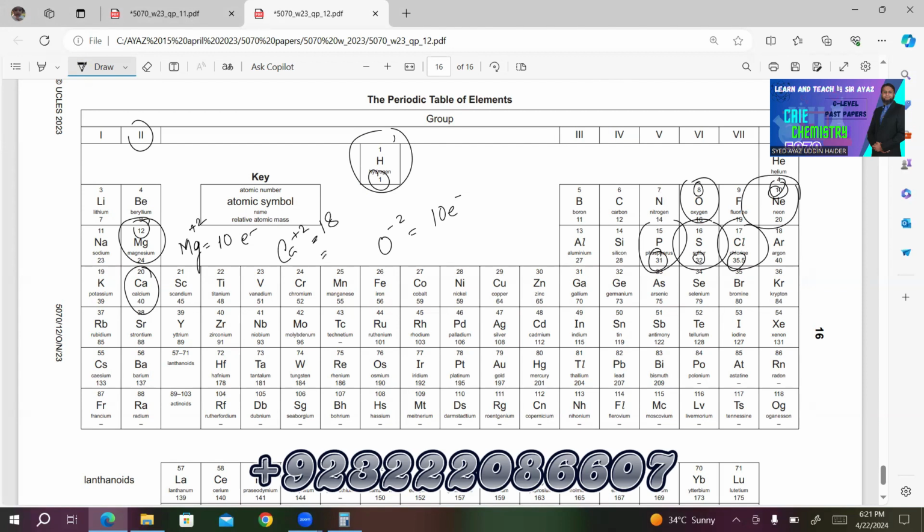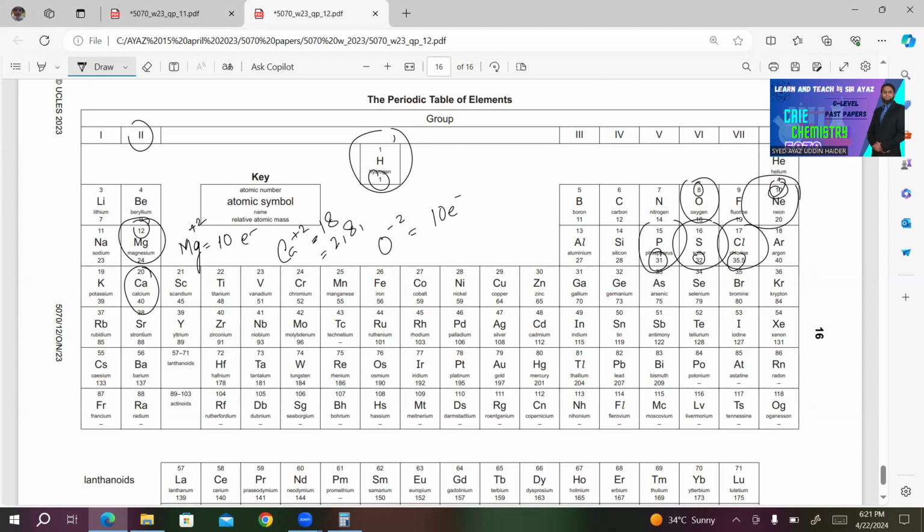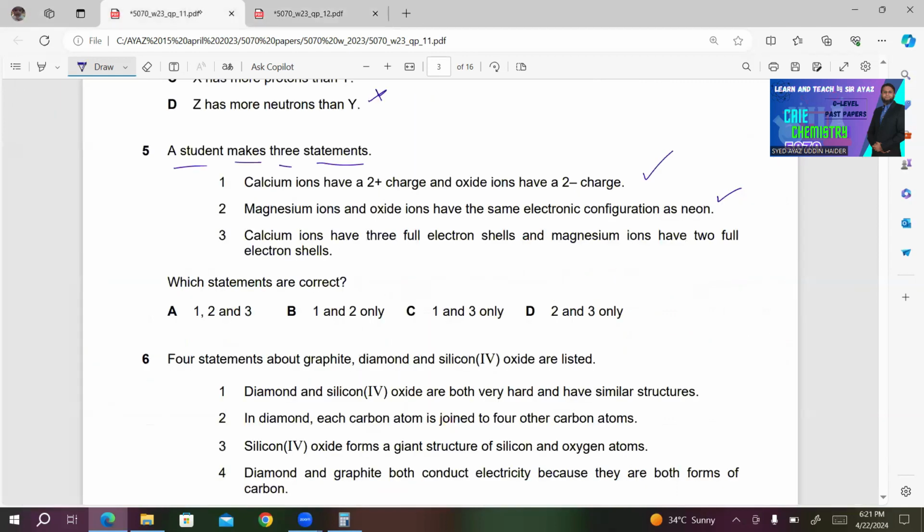So how many shells will it have now? 2, 8, 8. 3 shells. What about magnesium? 2, 8. So this statement is also correct. So all these 3 statements are correct. So A must be the right answer for number 5.